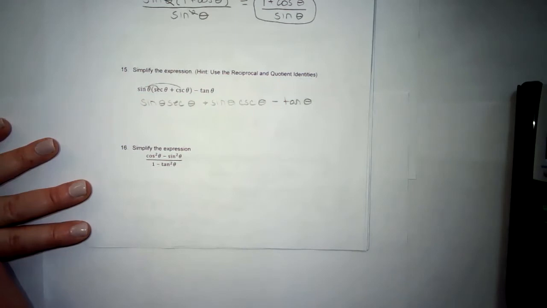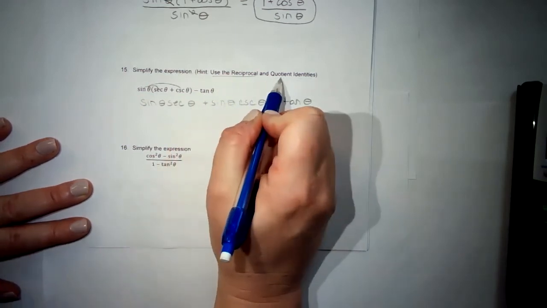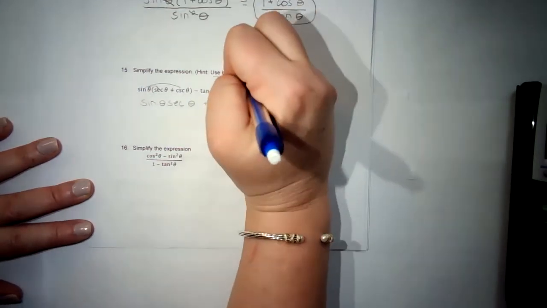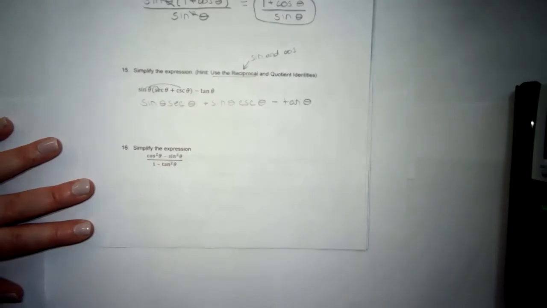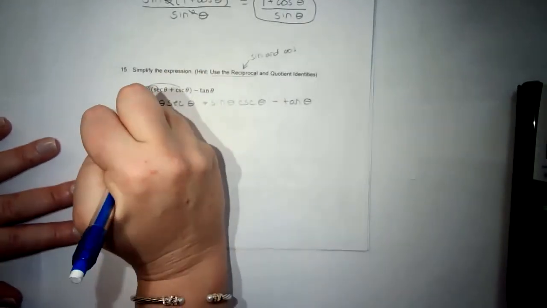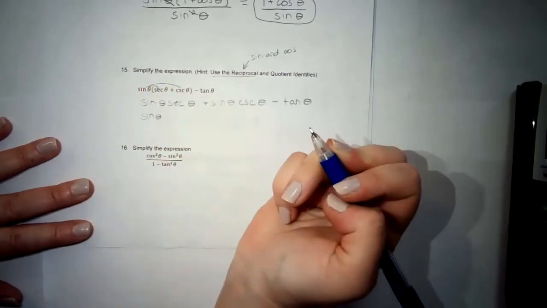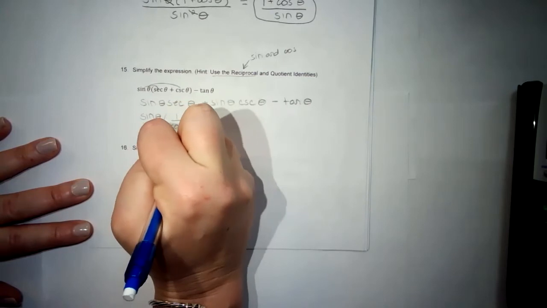Now let's figure out what they're talking about. Use the reciprocal and quotient identities. When it says reciprocal, this means change it to sine and cosine. Well, sine is sine, so it's fine. Secant's going to change to 1 over cosine.